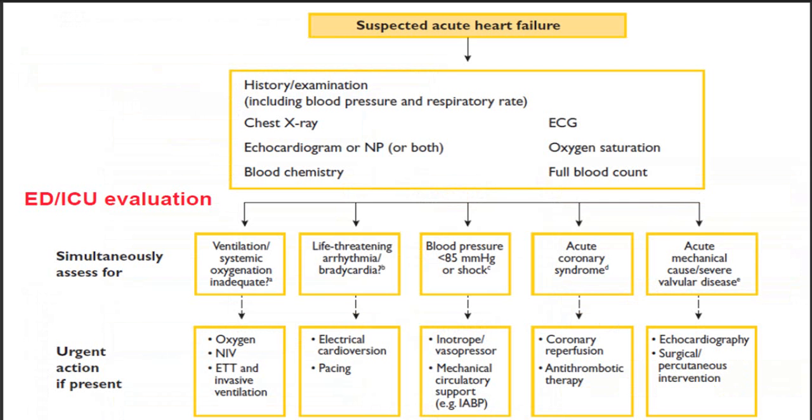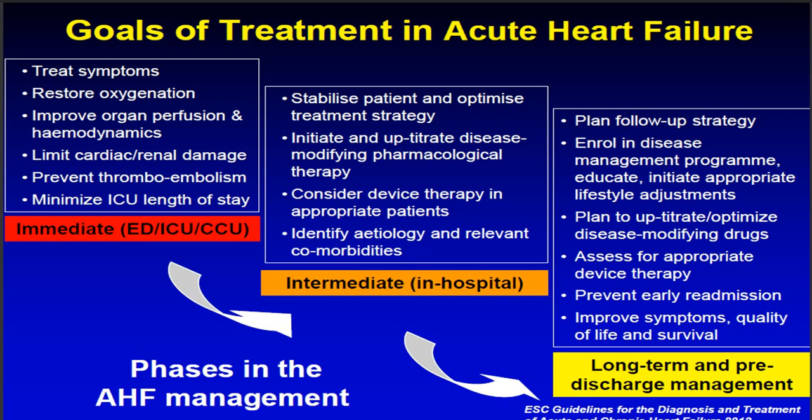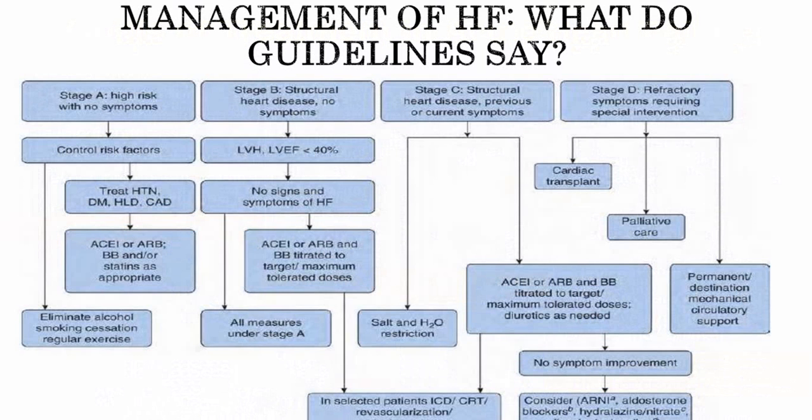I'll go through one slide, which is how you approach a person with suspected acute heart failure. The same thing is mentioned: immediate treatment, intermediate treatment, and long-term treatment. At your leisure time, you can go through. This is the latest, which was published in 2012 by ESC guidelines.